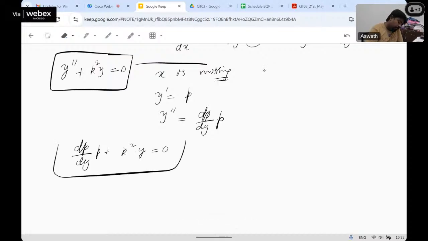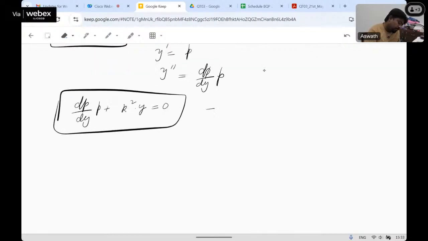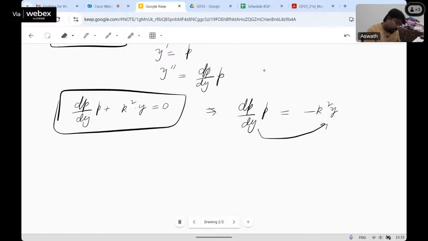Now I can try a separable method. Is it possible? Let me see. dp by dy into p is equal to minus k square y. Of course, yes, I can send dy to the right side. So I get the integral of p dp is equal to minus k square, taking k as independent of y, the integral of y dy.